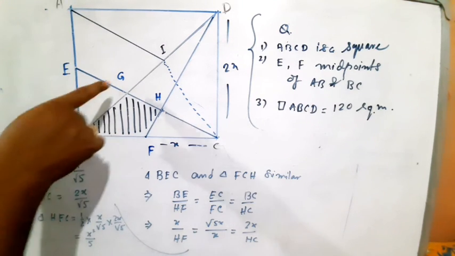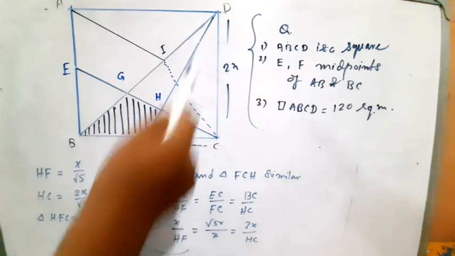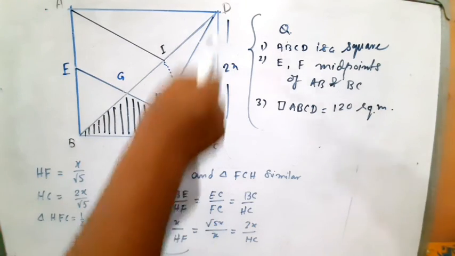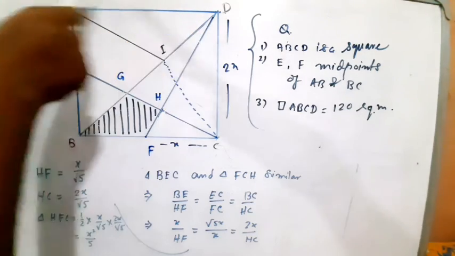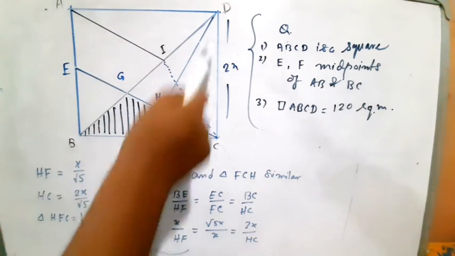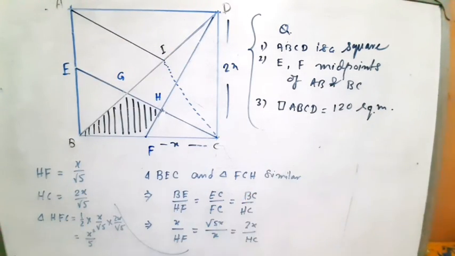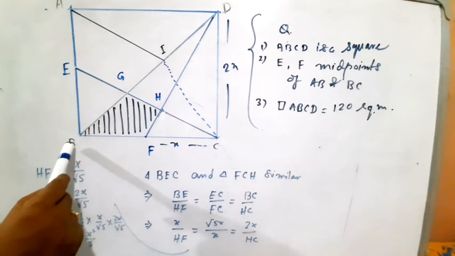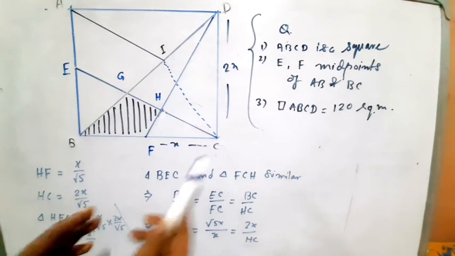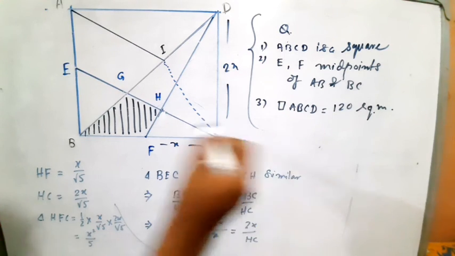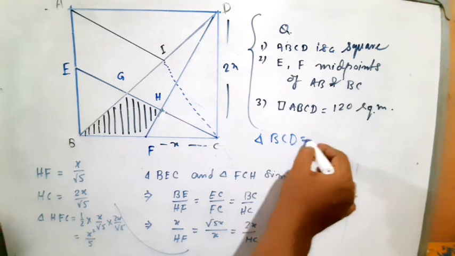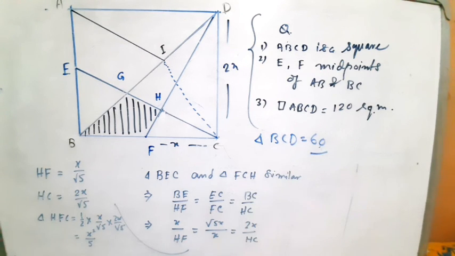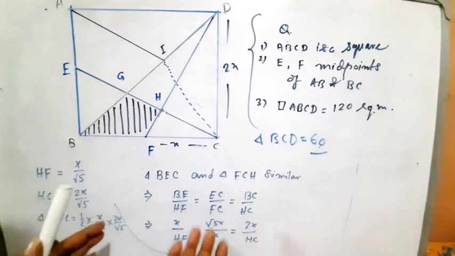So triangle BGC is 1/3 of triangle BCD. Clear? As ABCD is 120 square meters, triangle BCD is half of 120, that means triangle BCD equals 60. And these three parts are equal in area.